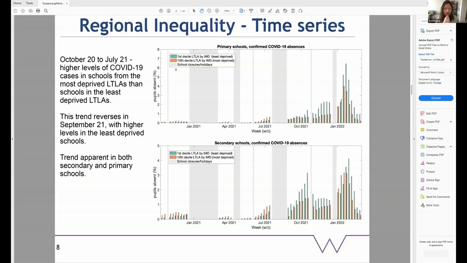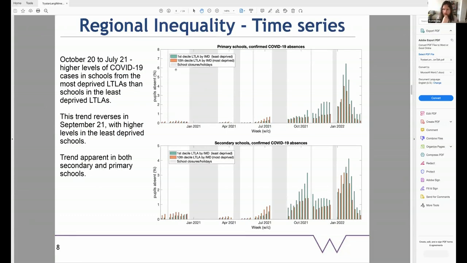Considering confirmed COVID-19 cases in schools, we can see that the trend that Alison touched upon holds true throughout 2020 up until the summer holidays of 2021, with the orange bars, corresponding to the most deprived decile, being higher than the green bars corresponding to the least deprived decile.